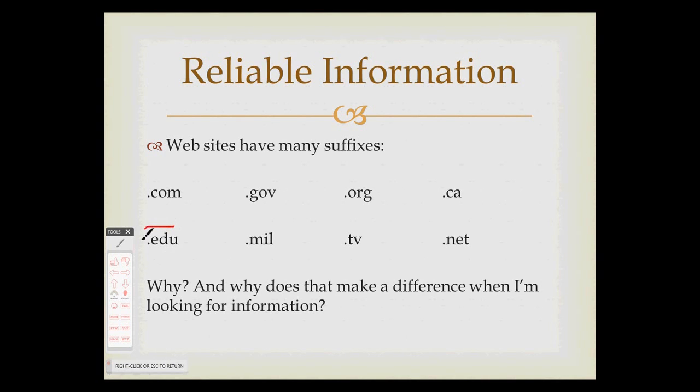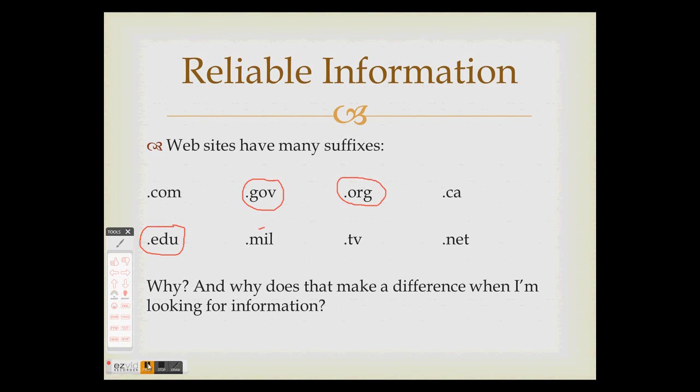If the suffix is .edu, it's an educational institution. It could be a college, university. It could be L'École Culinaire, l'ecole.edu. If the suffix is .gov, it's a government entity that's giving you the information.